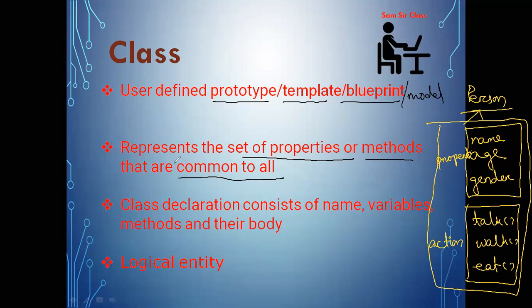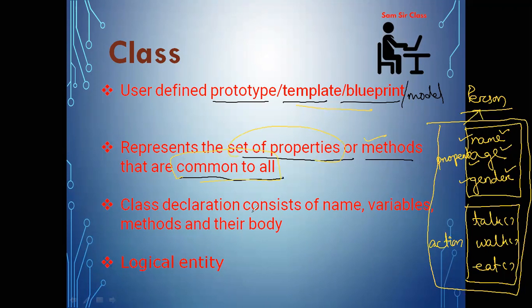Clear? So it will represent the set of properties and methods which are common to all. Because if I take my example, I have a name, I have an age, and I also have a gender. If you take your own example, you will have a name, an age, and a gender. I can talk, I can work, I can eat. You can talk, you can work, you can eat. So all those properties common to all are set in the blueprint.